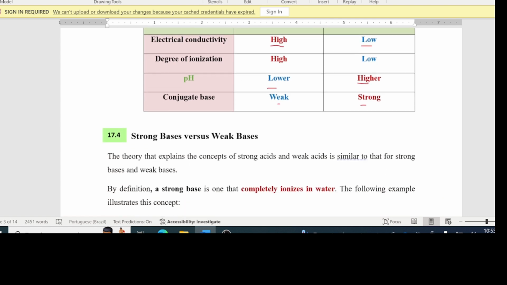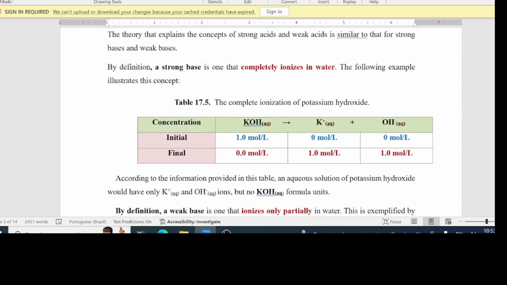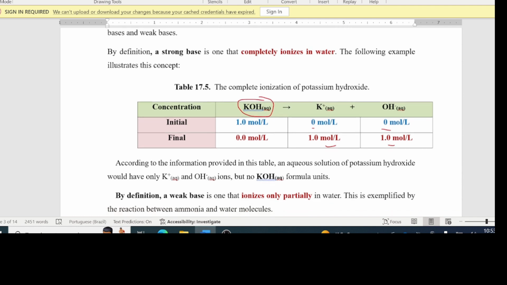Strong base versus weak base. Something similar to that is happening here. When you have a strong base, initially, you have 0 of these, 0 of these. But when it does ionize, you don't have any of these remaining because it's completely ionized. So you have exactly 1 mole per liter here and 1 per liter here. We say this is a strong base, complete ionization.